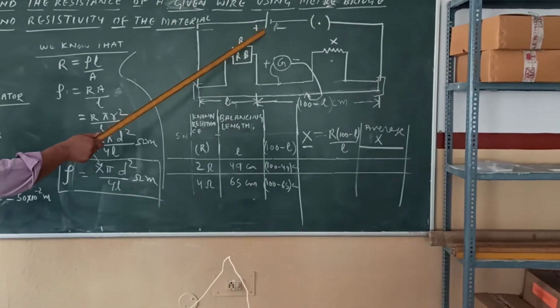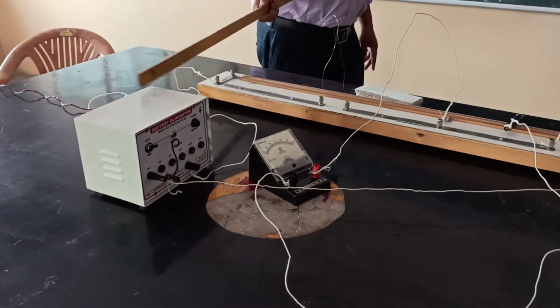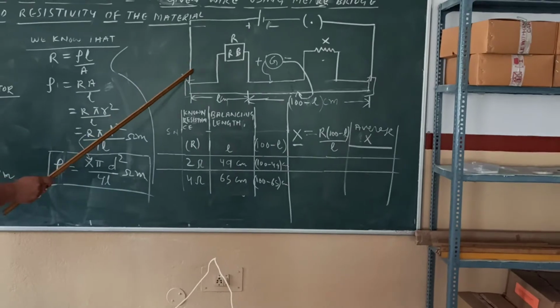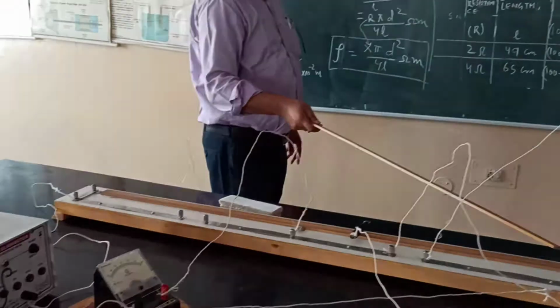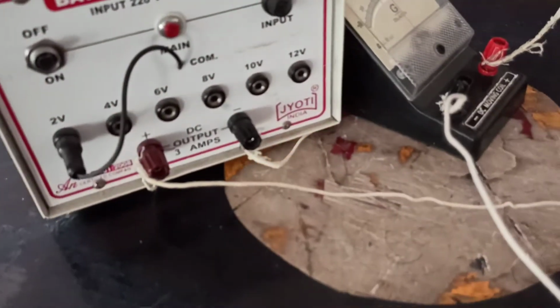The positive terminal of the battery eliminator, which is shown by red, is connected to the left end of the meter bridge.